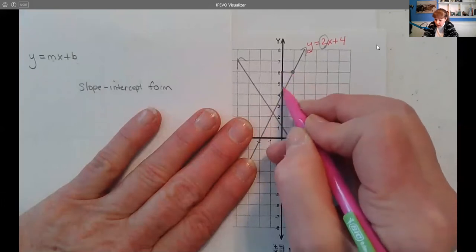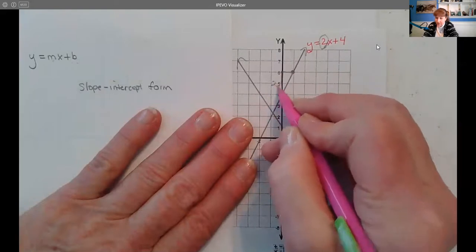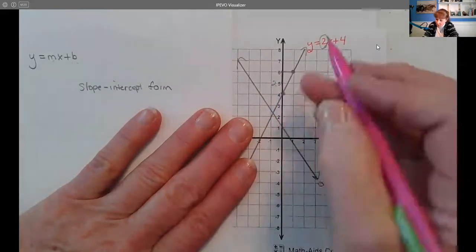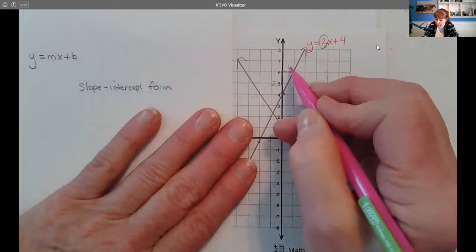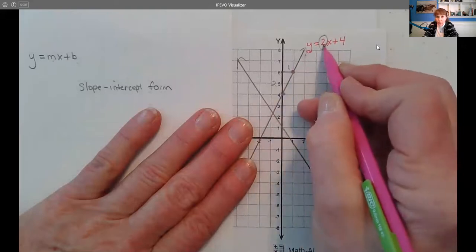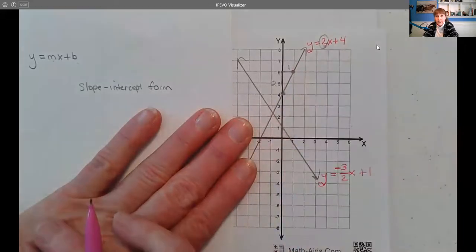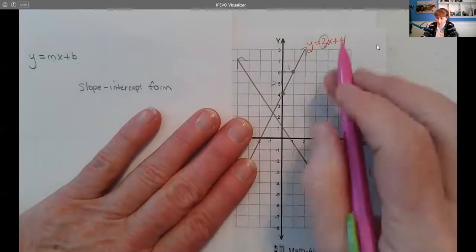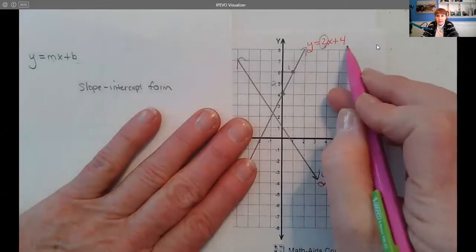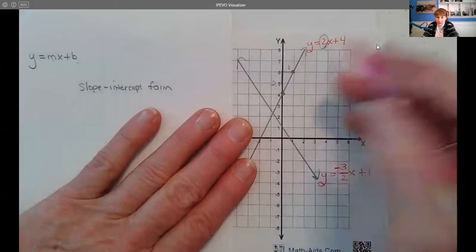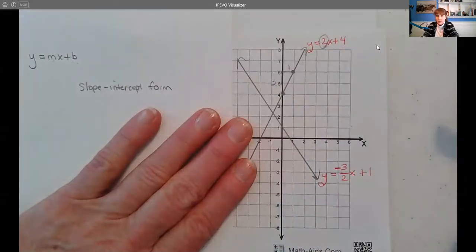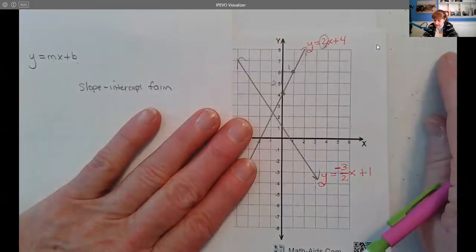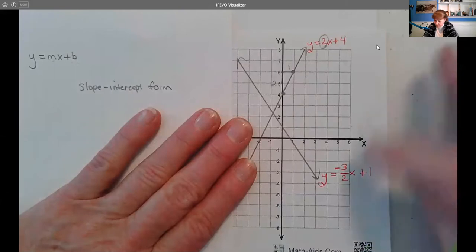So you've got a rise of 2 over 1. Rise over run, 2 over 1. Or you can look at the equation, and it's the number in front of the x if the y is by itself. So given the equation, what's the slope? You can just look at the equation and say, oh, the slope is 2. That's not bad. Let's look at this one.